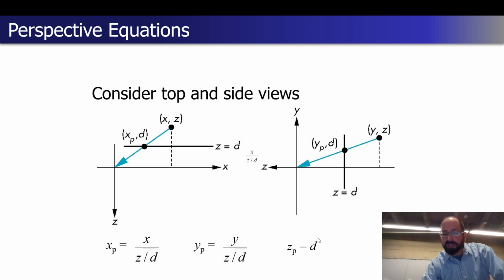Z is going to get projected to that projection plane of D. X is going to get scaled by how far away we are from Z, and Y is going to get scaled by how far away we are from D. That division at first blush doesn't sound like something we can do with our matrix formulation because that's all multiplication and addition, right? There is no addition as part of it.